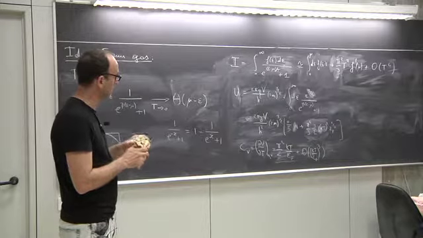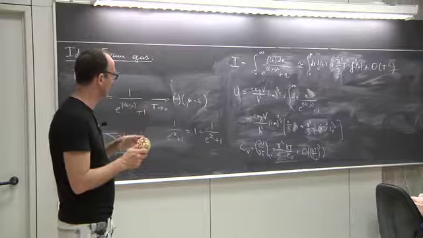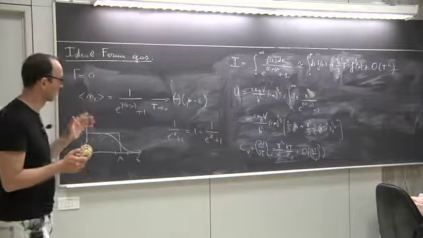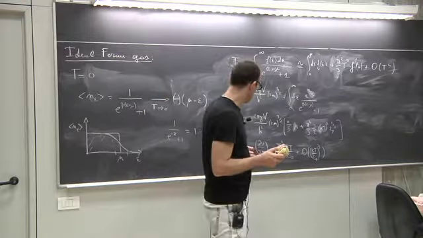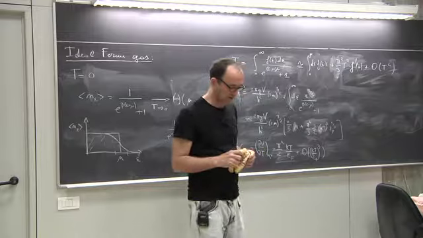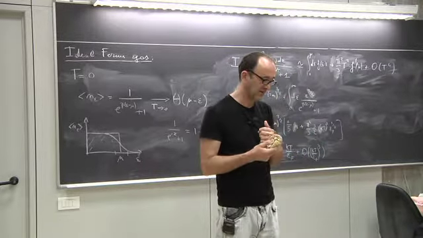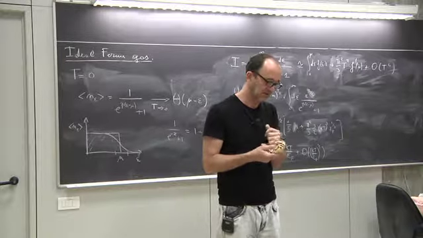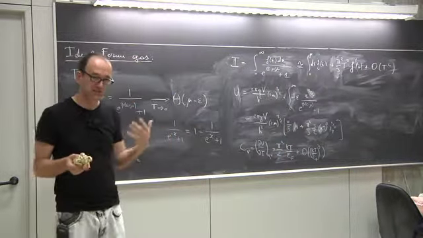Okay, and of course, this is just a first order picture. Then one can compute more detailed properties, but the important thing is that the behavior of ideal Fermi systems is much more relevant.